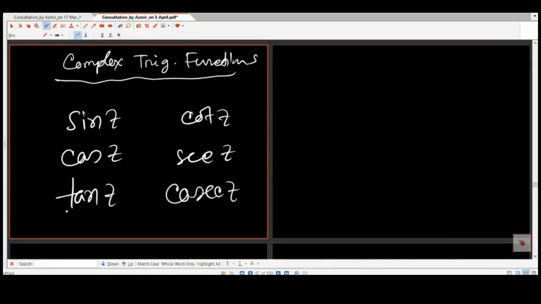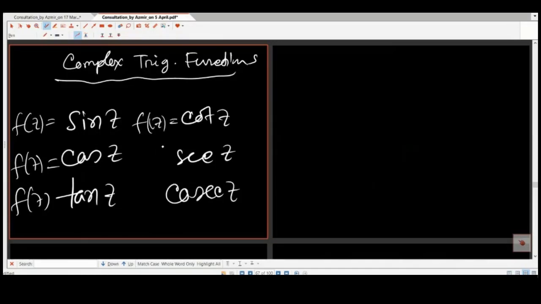We can say this is f of z, or w equals f of z, and so on.